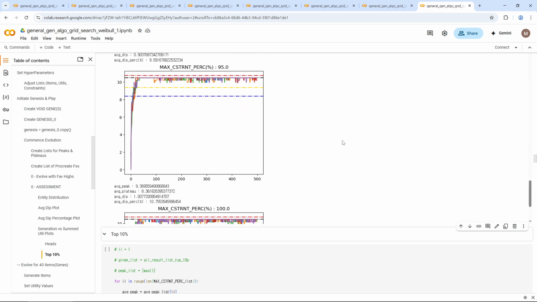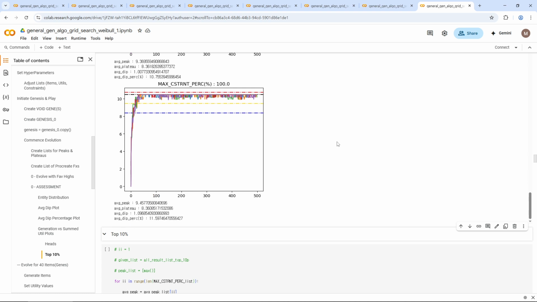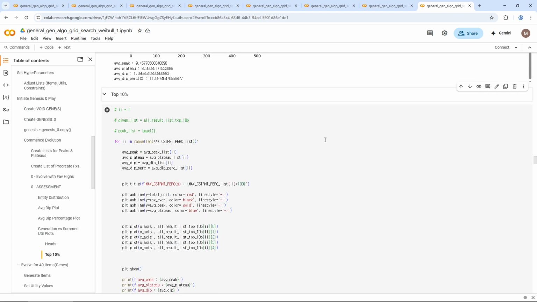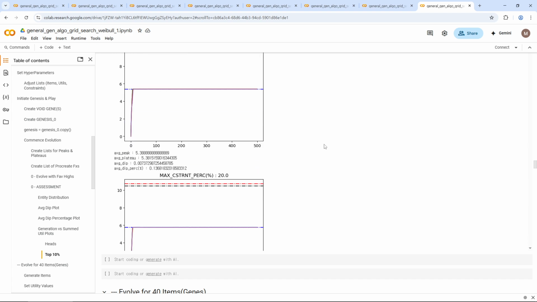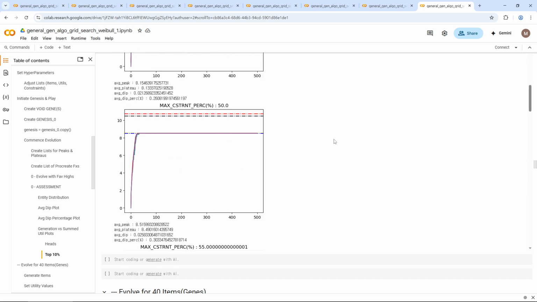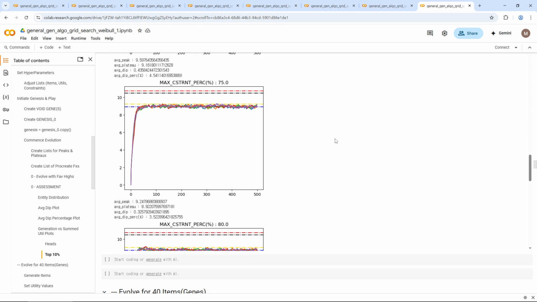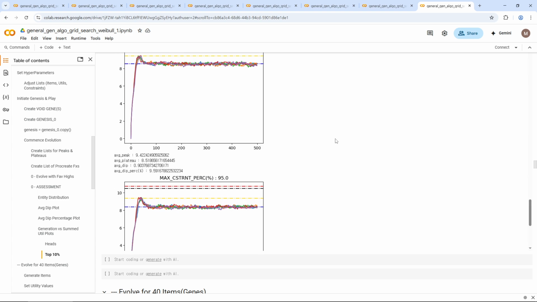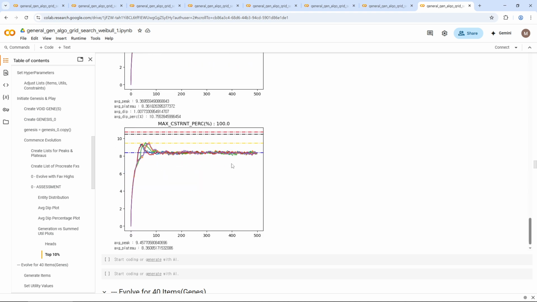Yep, usual behavior when you only have 10 items, for the top 10%. Yep, towards the end, peaks and plateaus towards the end.